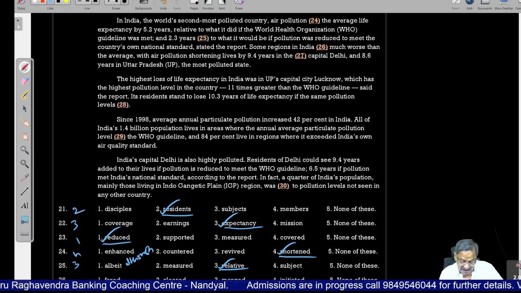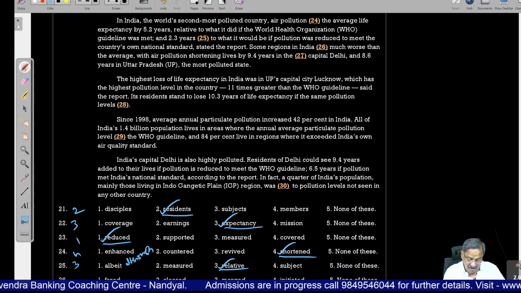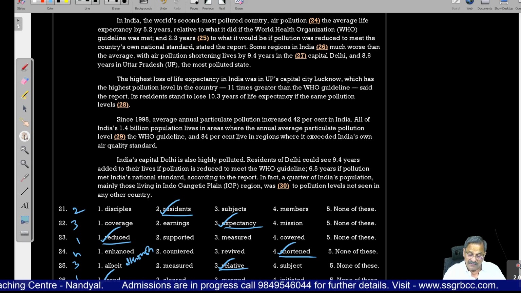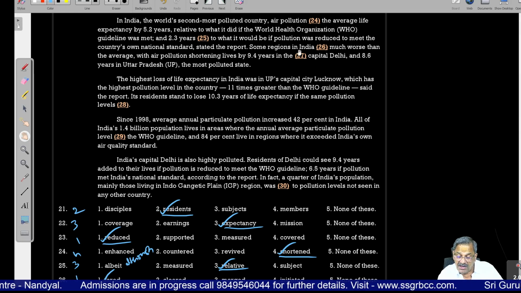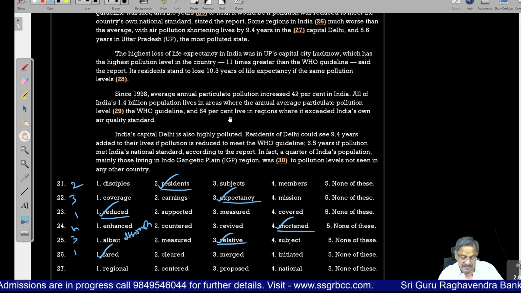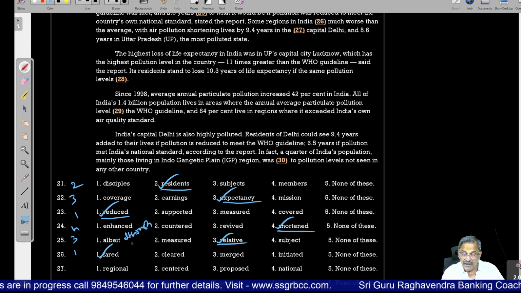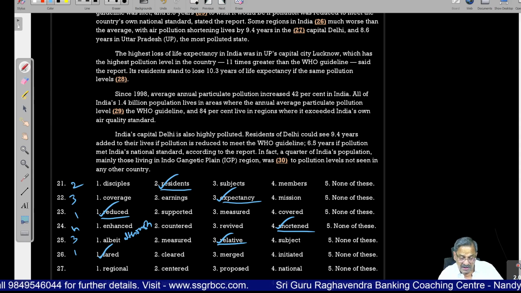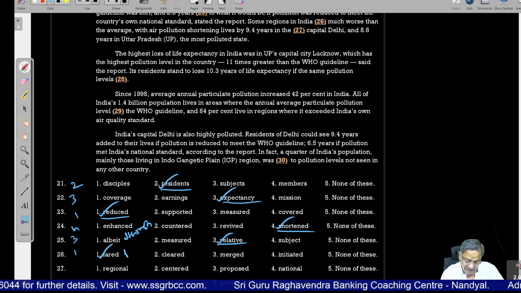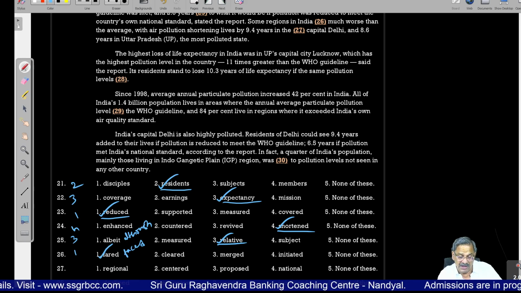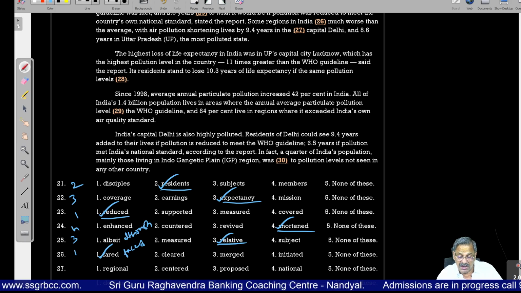Fared means some regions in India fared much worse than the average. Fared means faced. Faced much worse than the average, with air pollution shortening lives by 9.4 years.